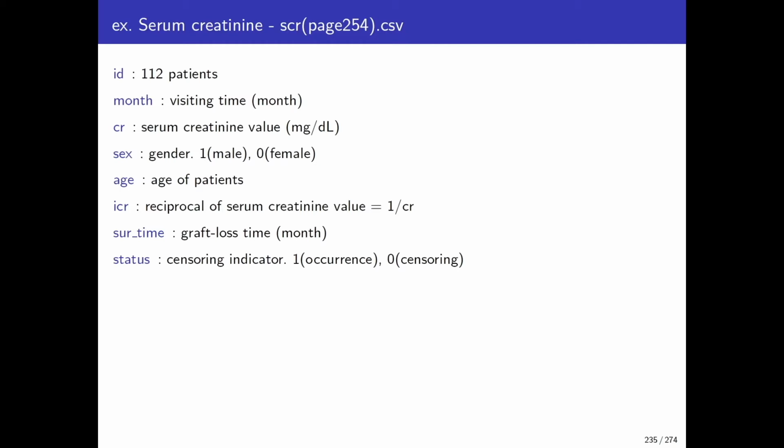The variables include ID, the visiting time, serum creatinine values, gender (1 for male and 0 for female), the age of patients, reciprocal of serum creatinine values, graft loss time, and censoring indicator (1 for the occurrence and 0 for censoring).